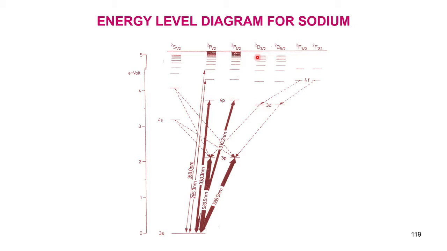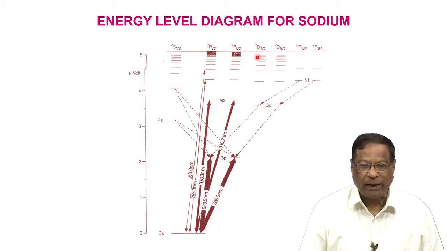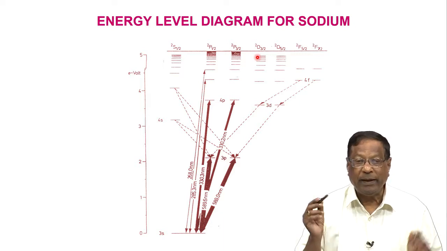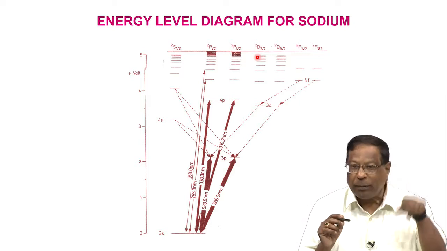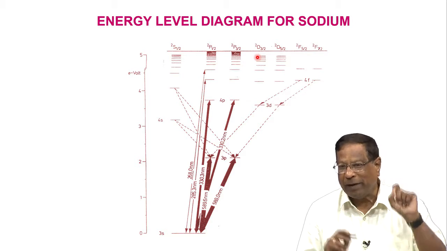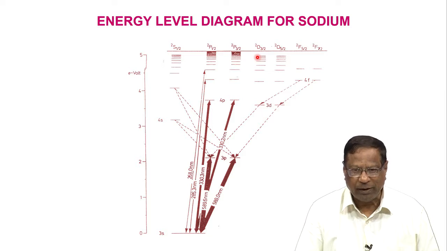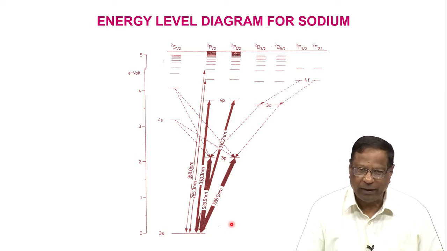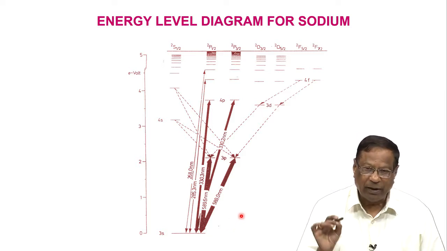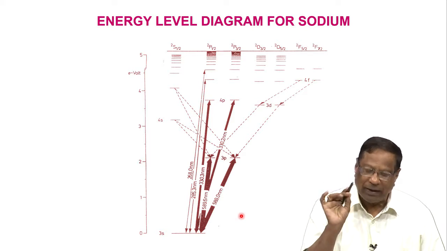That means there is one electron in the outermost orbital of the sodium atom. You can look up the structure of the sodium atom, it has an atomic mass of 23. In the outermost orbital there is only one electron.